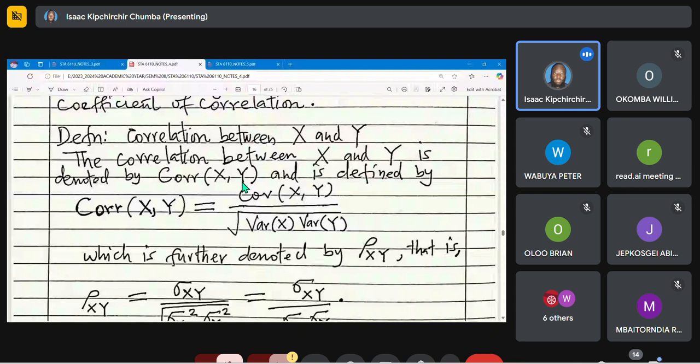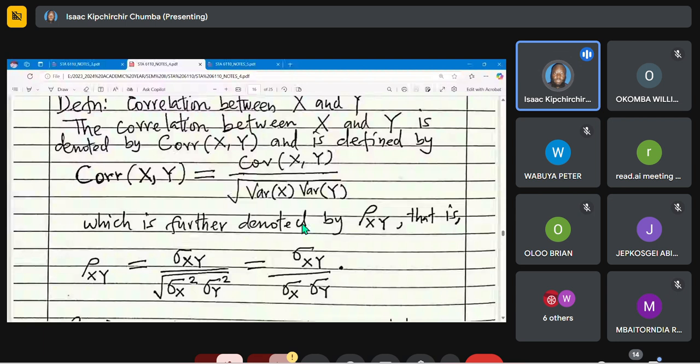It's defined as the covariance over the square root of the product of their variances. This is the formula for correlation, which is further denoted by rho xy.